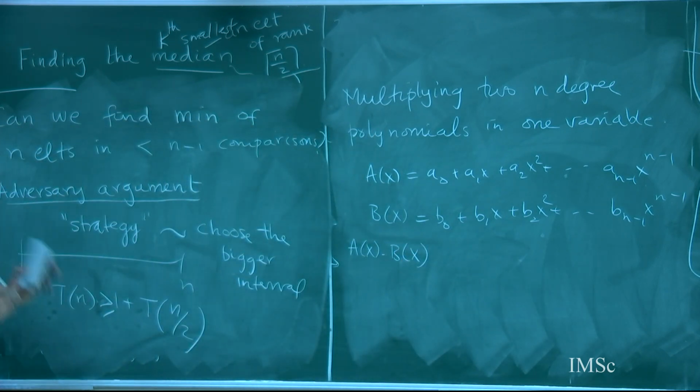What would be the naive algorithm? How much time does it take? The product has degree 2n minus 2, right?